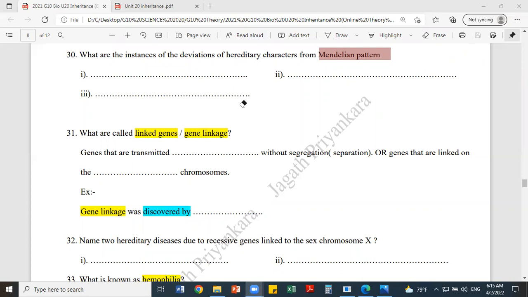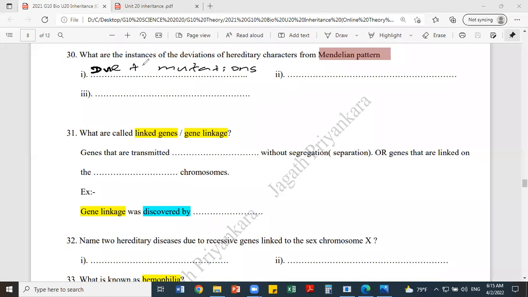The first one is due to mutations. We are going to discuss all of this one by one in detail, don't worry. Actually, mutations can be gene mutation or even chromosomal mutation.